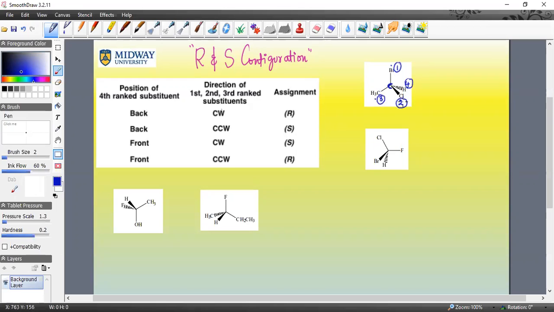I have purposefully chosen this as 4 because that would help me use the table that you see sitting here. You don't need to memorize this table. I will probably give you this table. This is the easiest way you can learn R and S. There are probably 100 million different ways this is taught, and 99% of those are probably confusing. This is one of the 1% ways that's easy to understand.